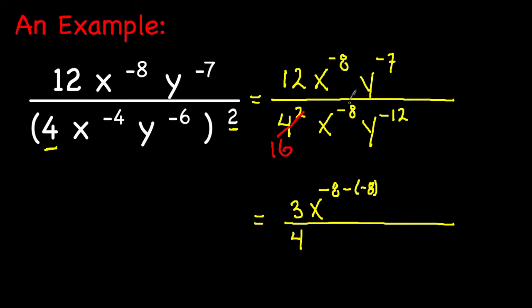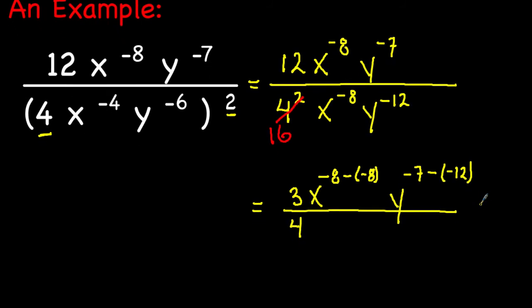I subtracted these two exponents. Moving on to the y's, same base, so I use the property of subtracting the exponents. So I have y, it's in the numerator, negative 7 minus negative 12. Lots of negatives, so use grouping symbols.